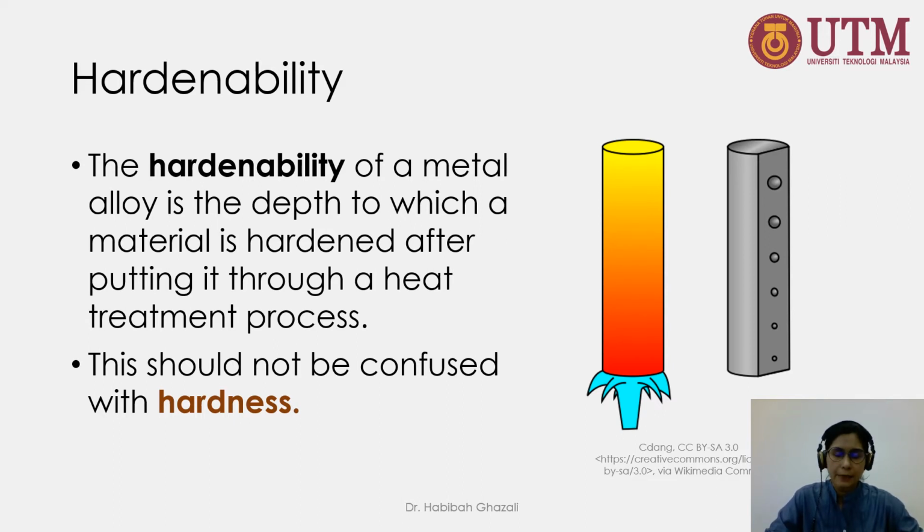Hardenability depends on the chemical composition of the steel and can also be affected by prior conditioning processes such as austenitizing. What is the austenitizing temperature? If you heat it up too high, the steel will need more time to cool down, even if you quench it straight away, so the inner part will take some time to cool down. So it all affects the hardenability of the steel.